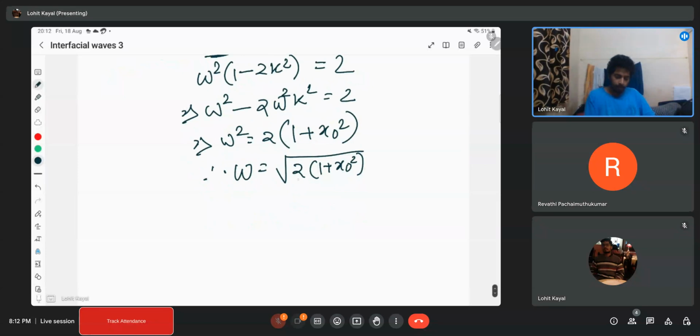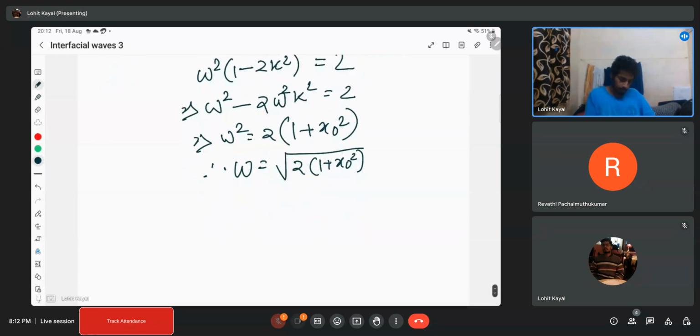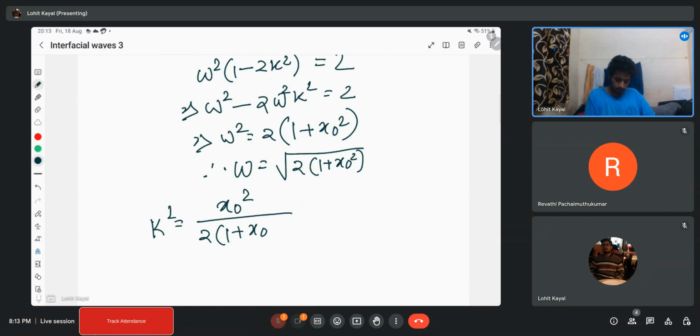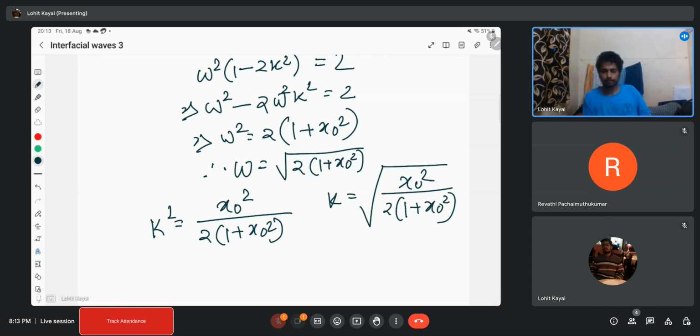And for this ω, what will be your k square? k² equal to x naught square divided by 2 into (1 plus x naught square). So k equal to square root of x naught square by 2(1 plus x naught square).